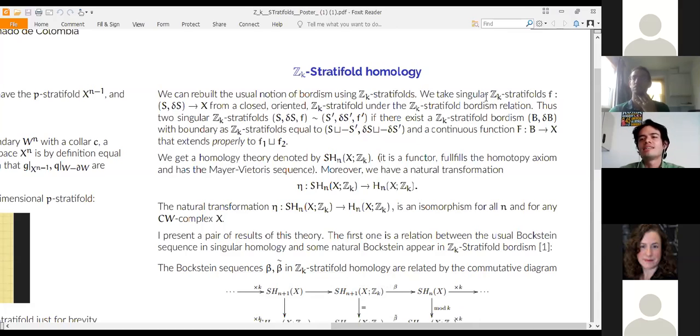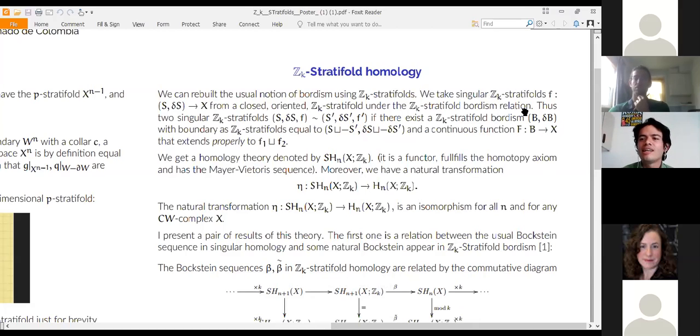A singular CK stratifold is just a function from a CK stratifold to a topological space X. We need to impose some conditions on the stratifold, the usual condition in this context.